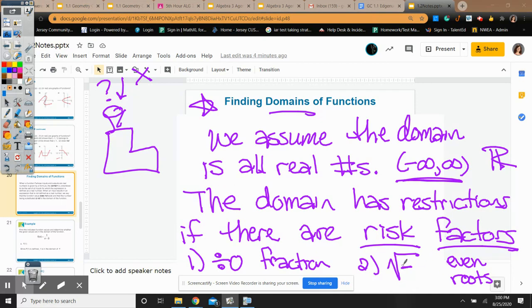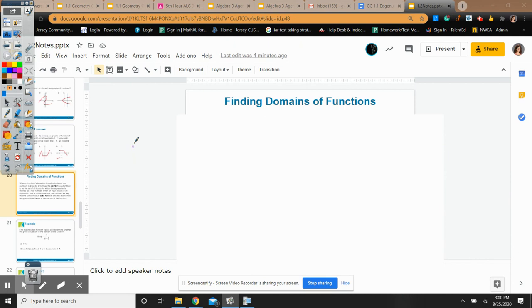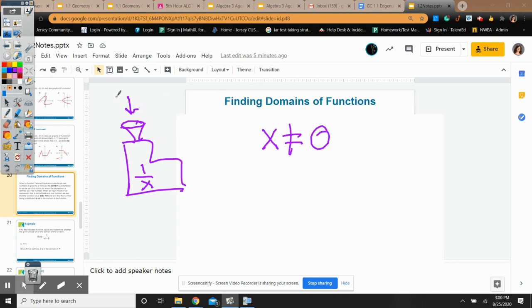If there is a risk factor, then we have to look more closely and see what would break the machine. So for example, if my function was 1 over x, I can plug anything I want into this machine, except there's one thing that will break it. If I plug in 0, I would have 1 divided by 0, and then the world ends.